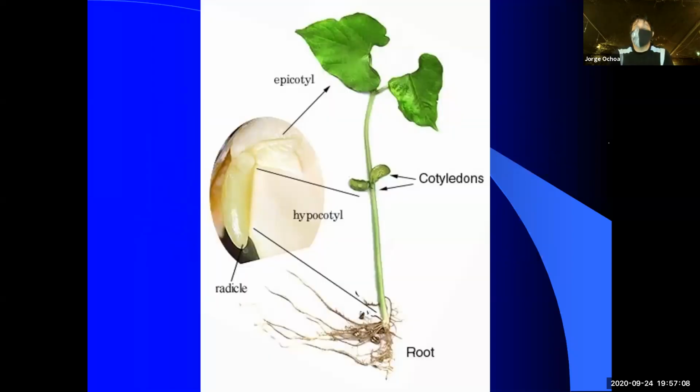So here's a recap. If you give the seed the right care and the right environmental factors, you're going to have the radicle, which will turn into the root.